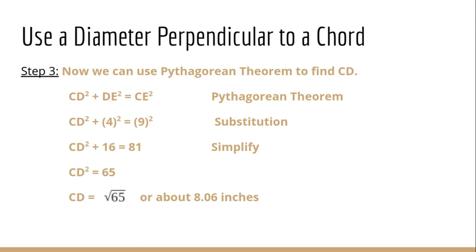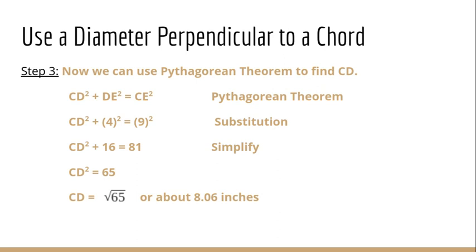So we can write CD squared plus DE squared equals CE squared. We're going to go ahead and substitute in what we know. So CD squared plus 4 squared equals 9 squared. CD squared plus 16 equals 81. CD squared equals 65. So then CD is the square root of 65, or about 8.06 inches.